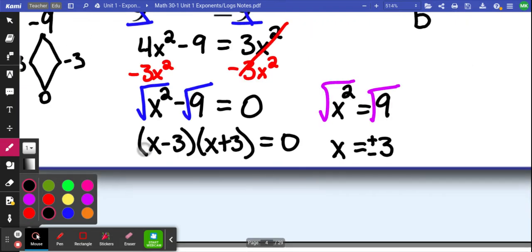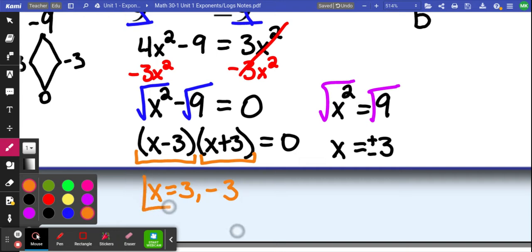Sticking with that middle strategy that we had, you then check what makes each set of brackets equal 0. The first set of brackets, if x equaled 3, it would be 0. 3 minus 3 is 0. Second set of brackets, if x equaled negative 3, negative 3 plus 3 is 0. Also works.